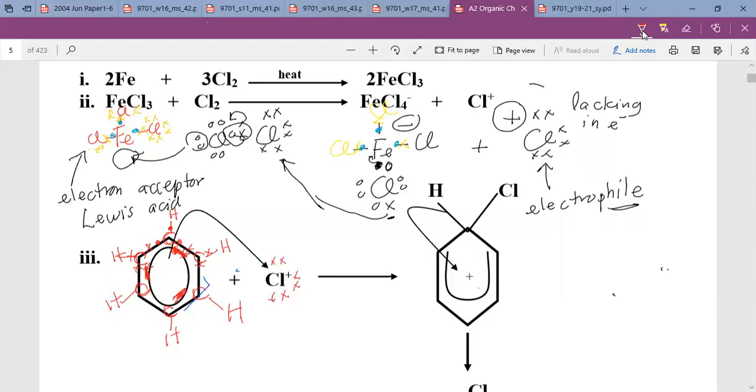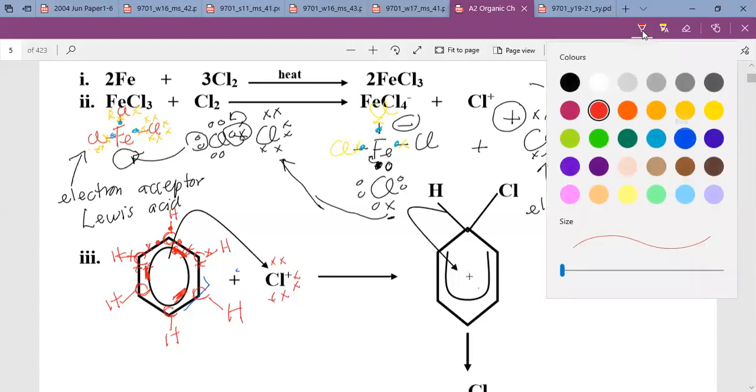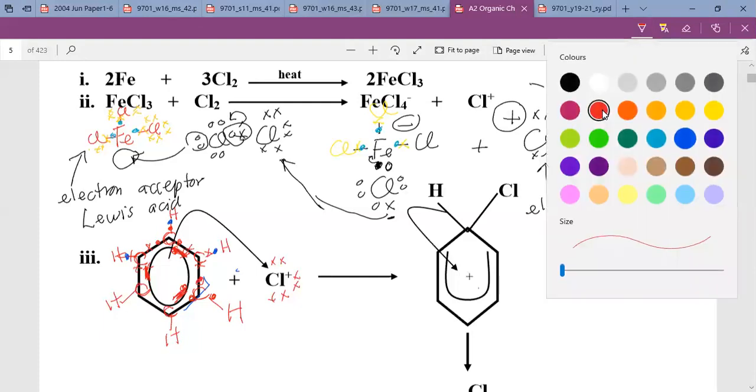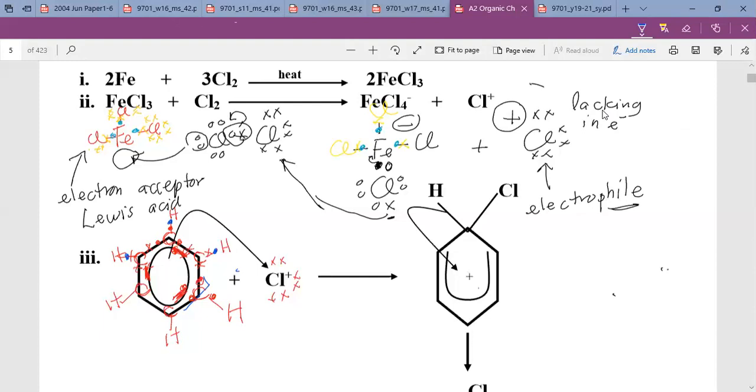I'm going to give a different color for the hydrogen, blue, so it's dot, dot. I need to draw the positive for this one. So now this is the actual electron arrangement for benzene.